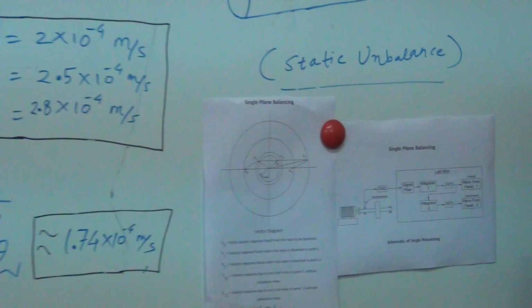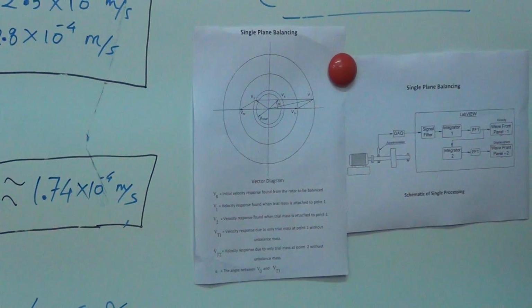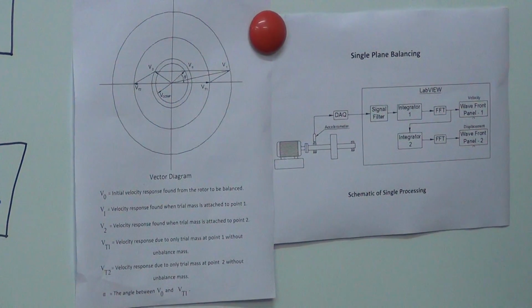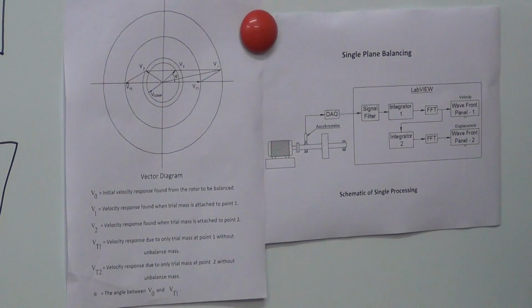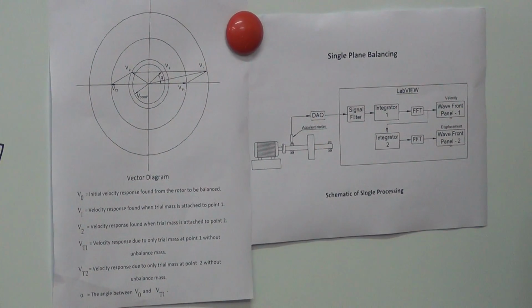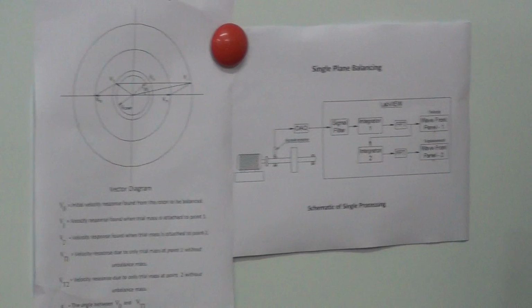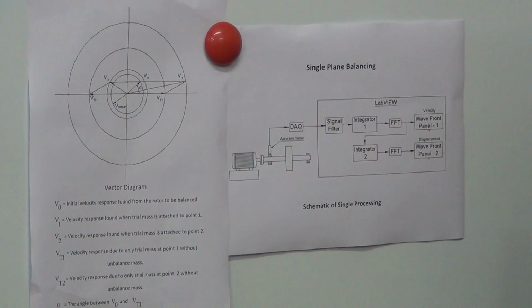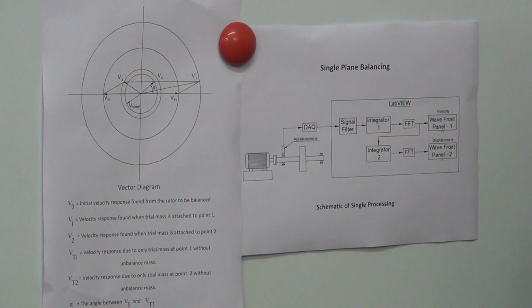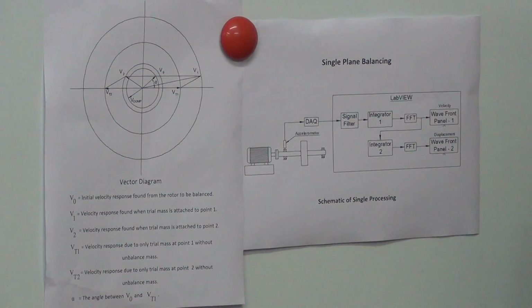So in this vector plot, we will take some responses, like we will take first the initial response, which is denoted here by V naught in the initial condition. And then we will take the V1 and V2 responses, that is actually after attaching the trial masses.